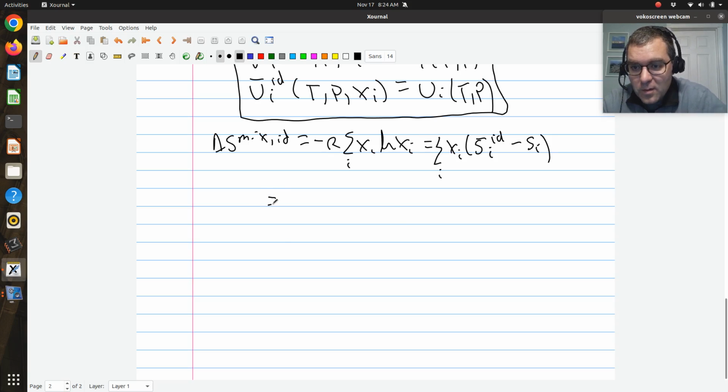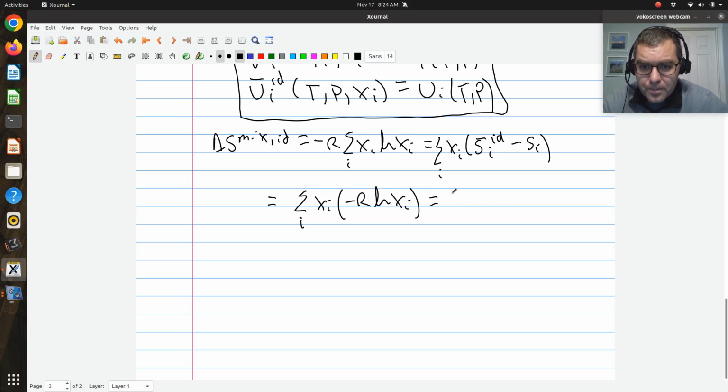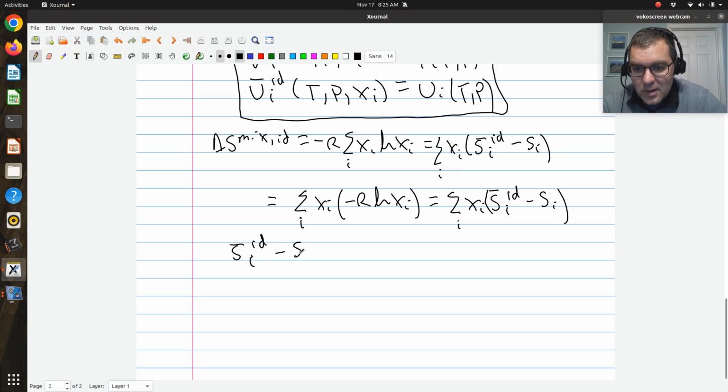So this is equivalent to sum over i, xi times negative R log xi, and that has to be equal to sum over i, xi times (s bar i ideal minus si). These two must be consistent, so it must be that s bar i ideal minus si is equal to minus R log xi.